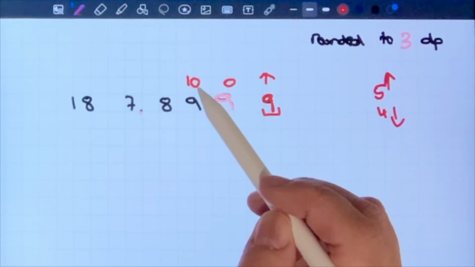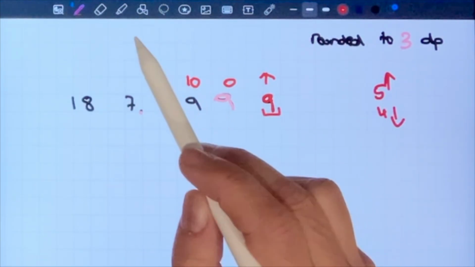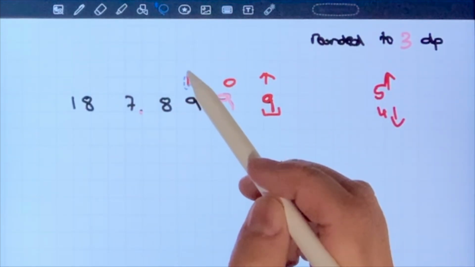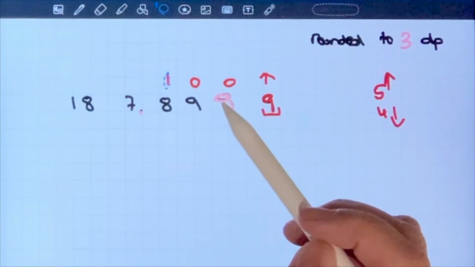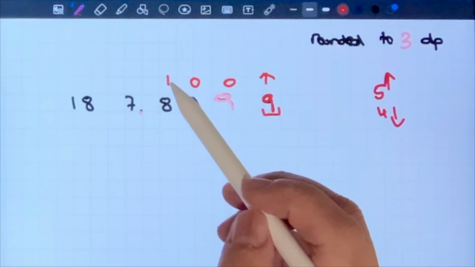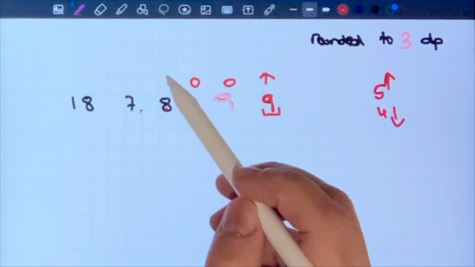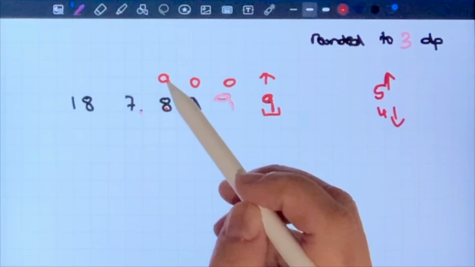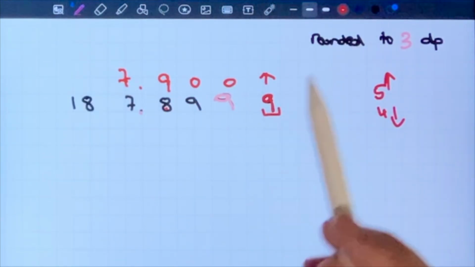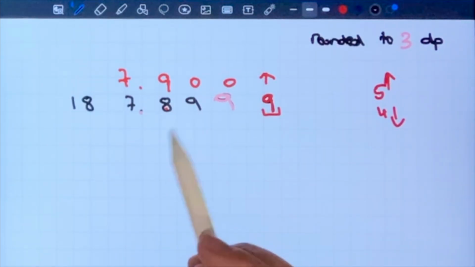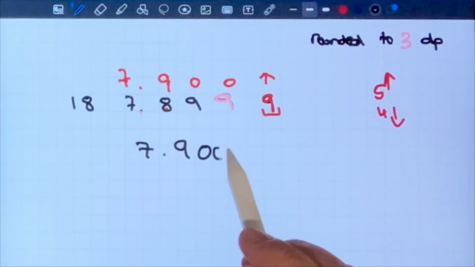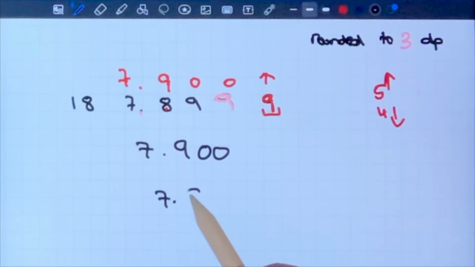So I can only keep the 0, and the 1 has to move here. So 1 plus 8 is 9, so that will become 9. And that will stay 7. Therefore, my answer is 7.900 or 7.9.